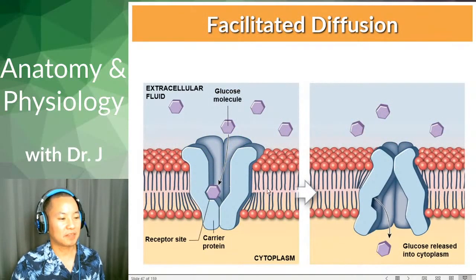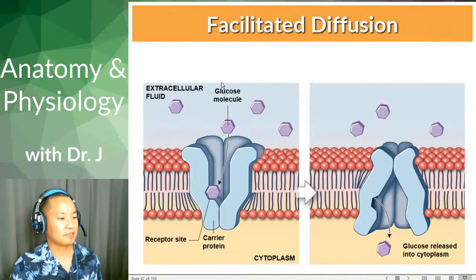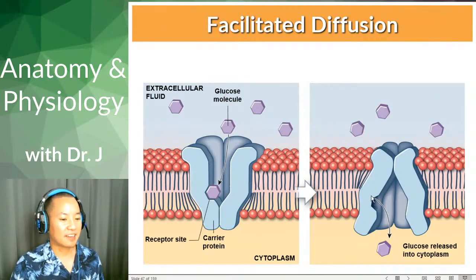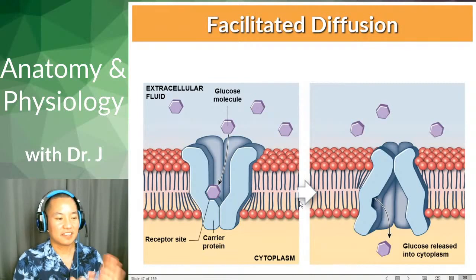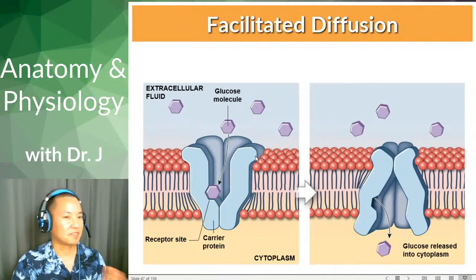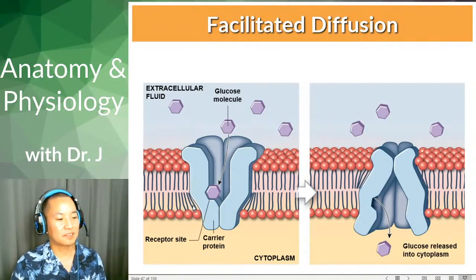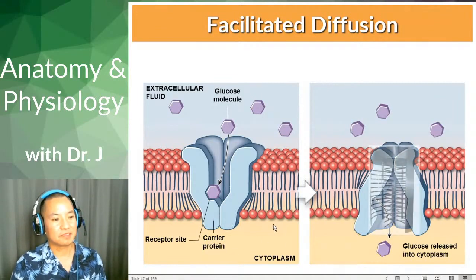Here we have the plasma membrane, but now we have a special protein, a carrier protein. Glucose is able to fit into the little pocket of this carrier protein, and this carrier protein allows glucose to go from one side to the other side. So it kind of shuttles it around. Without it, glucose can't pass through, but thanks to this carrier protein that helps to ferry it across, glucose can pass through to the other side.